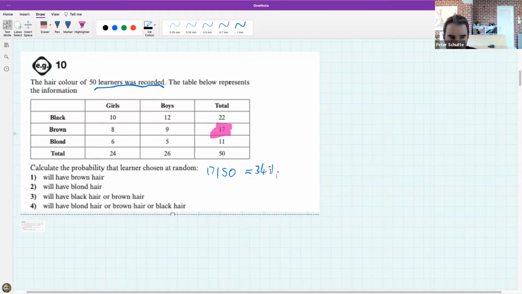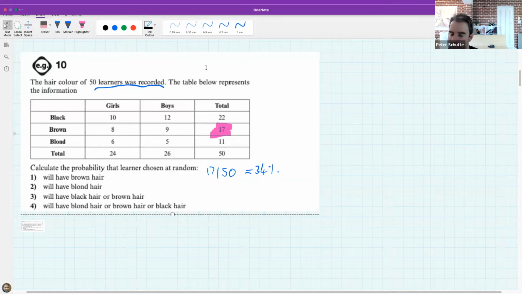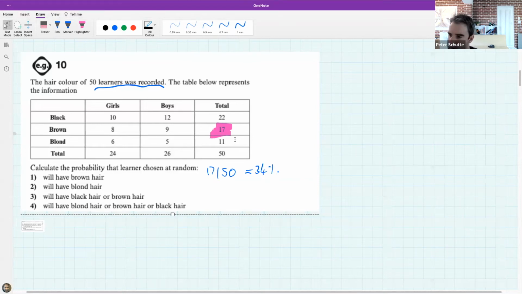Who would like to give me the answer for blonde hair? What's the probability that a randomly chosen person has blonde hair? Now, remember, there are 50 people in this group. Where do the blonde-haired people hang out in this table? They seem to hang out over here.